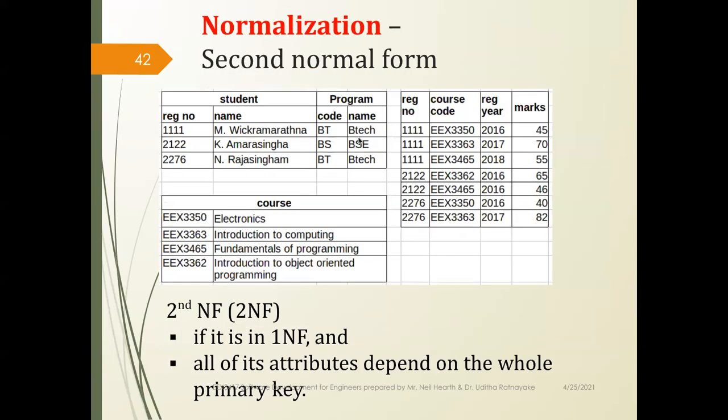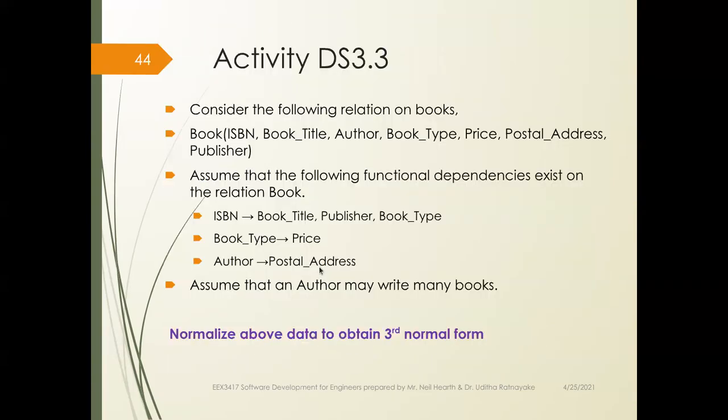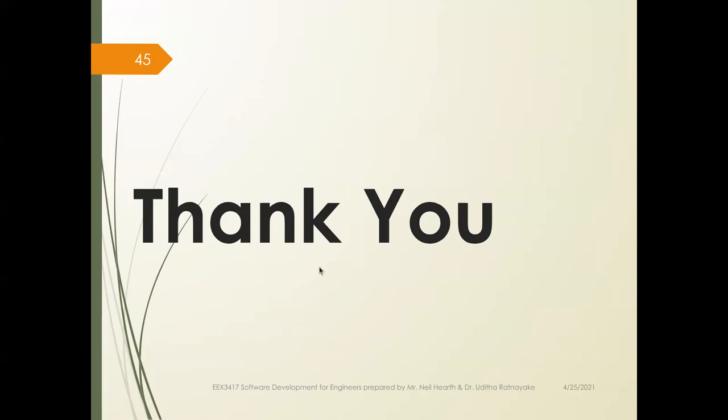Here the BTech, Bachelor of BTech, BSc, does not depend on this one; this depends only on the BTech. Therefore we can take that out also. So program code, course code, course, student: there are four tables here. That is normalization. Okay, thank you.